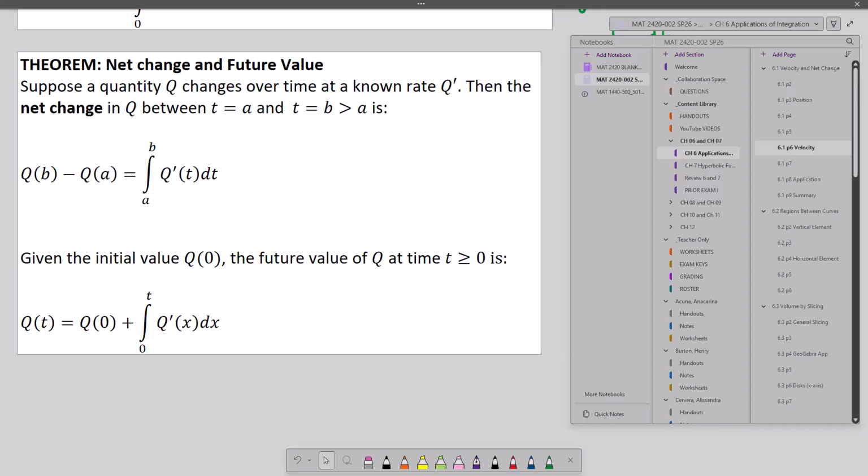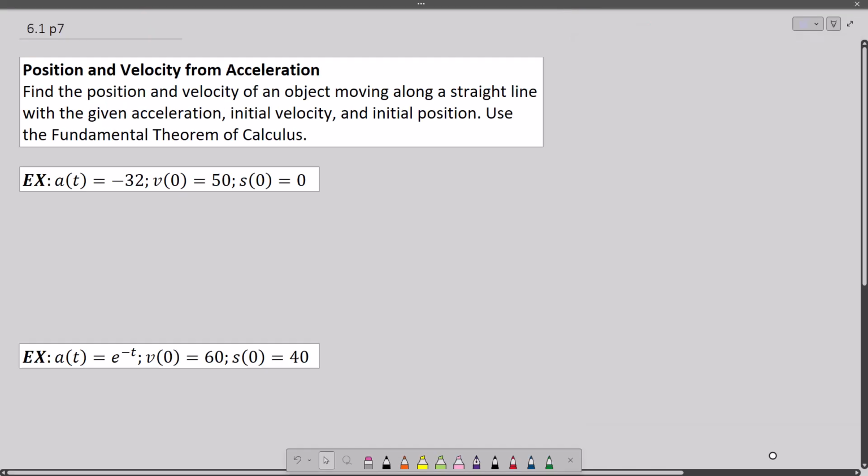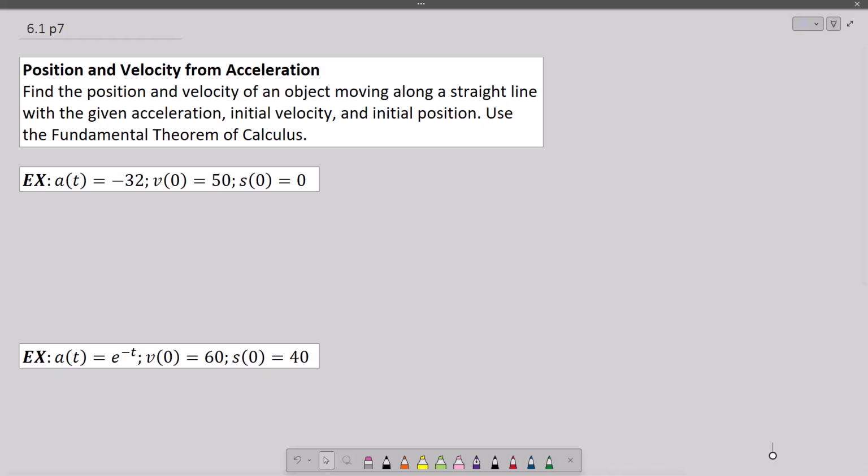So generalizing, let's first do acceleration. We all know this one. Acceleration is negative 32. So the velocity at time t is going to be the initial velocity plus the change in velocity. And the change in velocity is found by integrating acceleration, just like the change in position is found by integrating velocity, just one step removed.